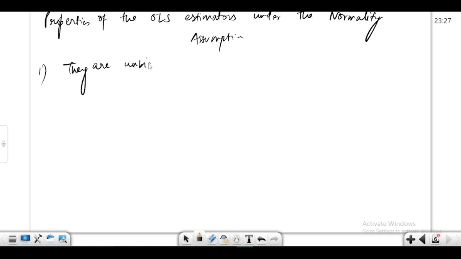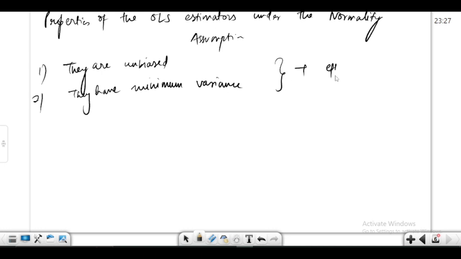We know what this means because we have already discussed this in the classical linear regression model. They have minimum variance, and together they are called efficient estimators. Now we have a third property, the consistency property. They have consistency.